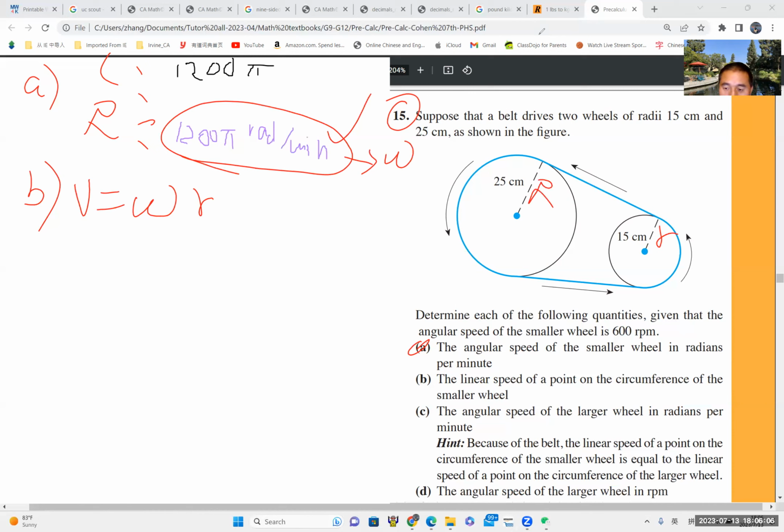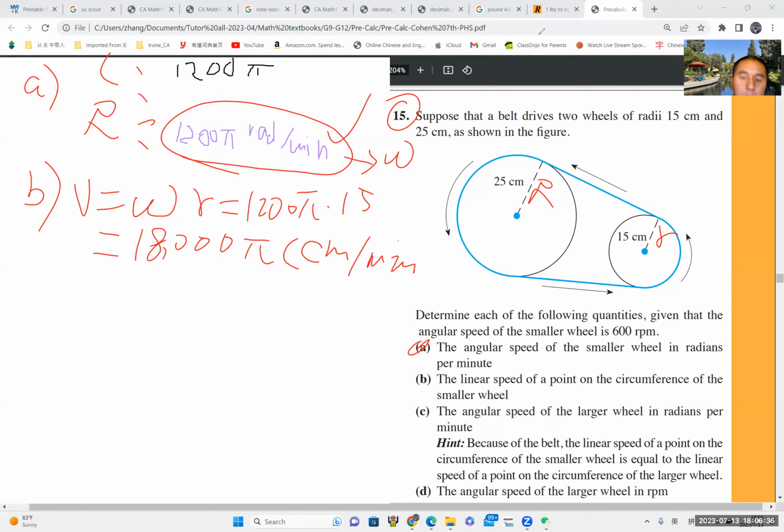Anyway, it's just omega times r. R is 15. So this will go to 180 and 2 more 0 pi. Yeah, but the unit is just cm per minute, right?